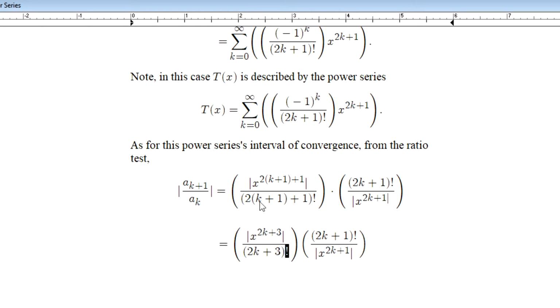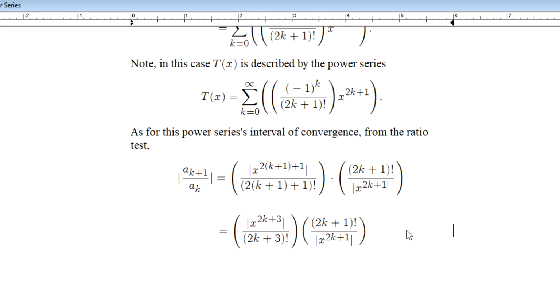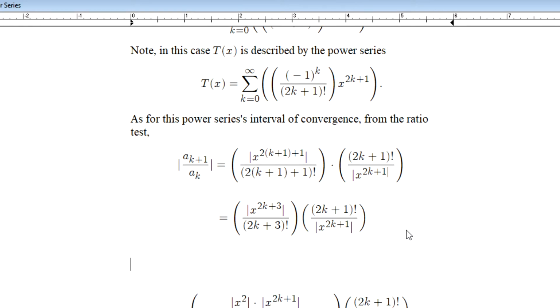That 2 will distribute 2k plus 2, and then we'll just add on this 1. This will be 2k plus 1 factorial. This will be x to the 2k plus 1. And the absolute values will still be affecting these values of x, but the values of k will have them dropped away, right? The negative 1 to the kth power eliminated by those absolute values, in a sense canceled by it.